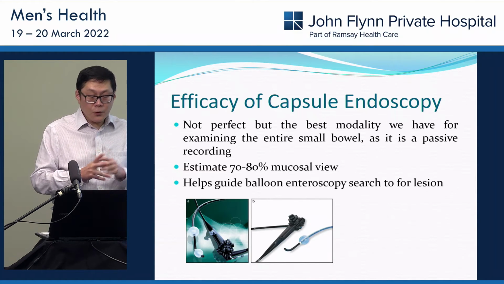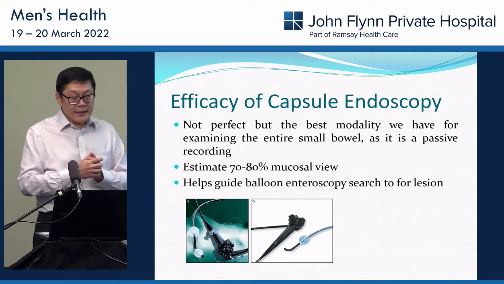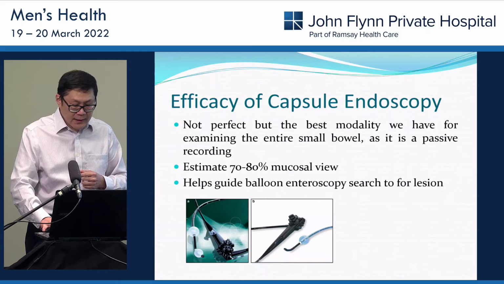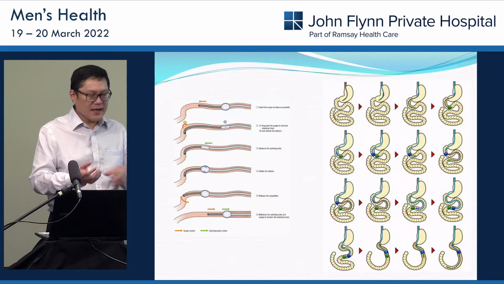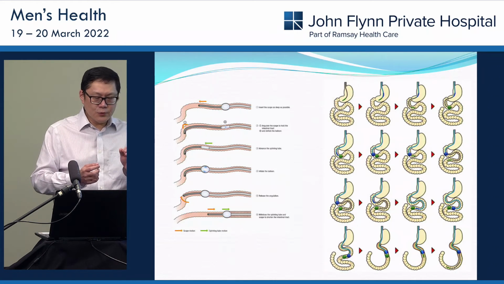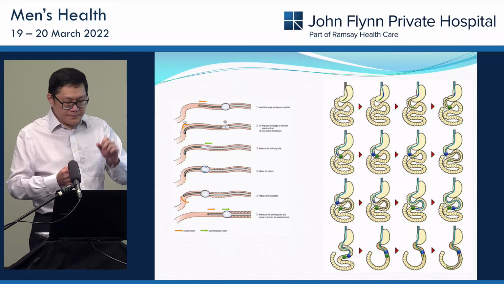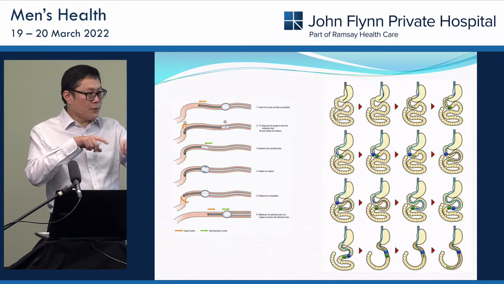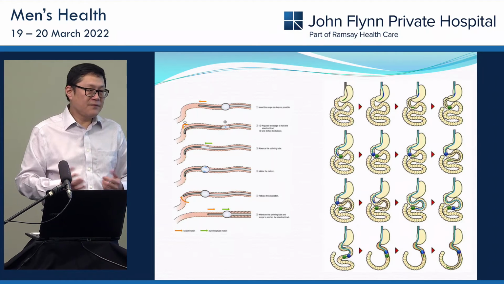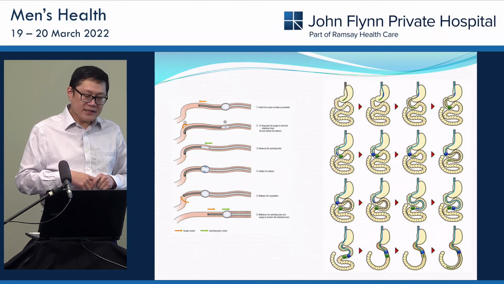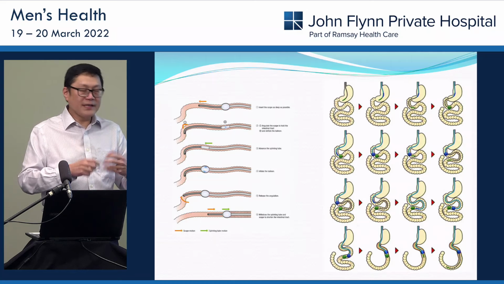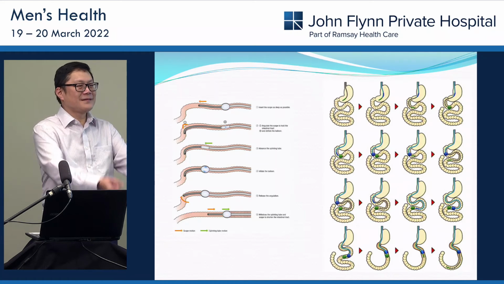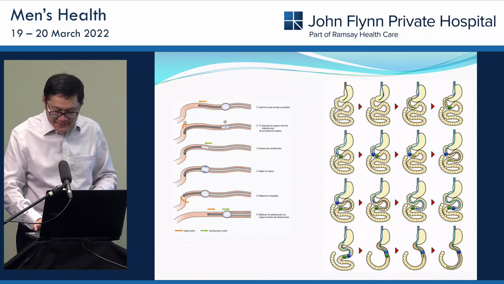It has a significant role in diagnosis and also in guiding an interventional procedure with balloon enteroscopy. Just quickly, balloon enteroscopy is basically an extra long endoscope that has a balloon at the end of it. It helps to drag the small bowel onto the scope because there is 20 feet of small bowel. In order to go as far as possible, you don't really have a scope long enough that you can control. So you use the balloon to drag the scope down as far as you can.